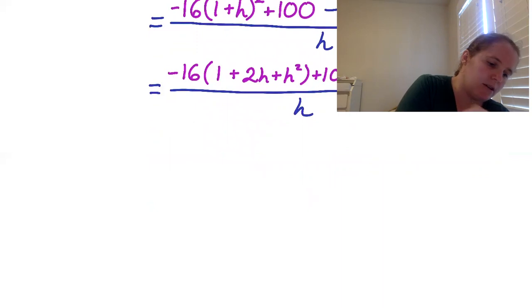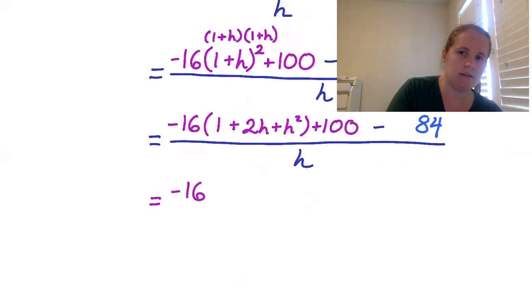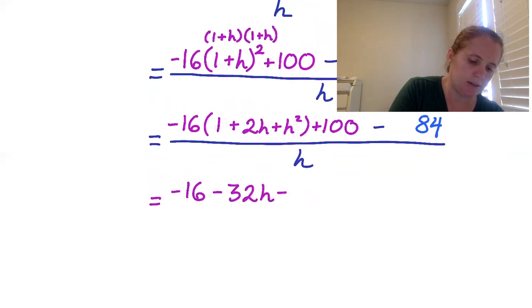So our f of 1 plus h, now we will simplify some more. We will have negative 16 minus 32h minus 16h squared plus 100.